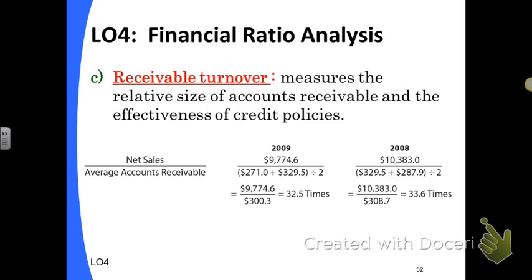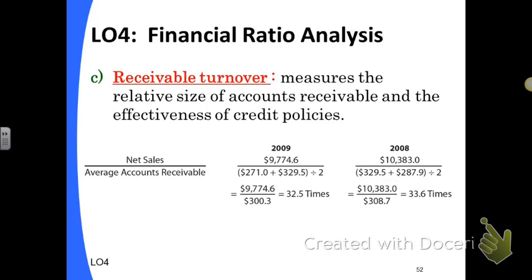And we can see here that our turnover is relatively high for this particular company. So we're turning over our accounts receivable 32.5 times compared to 33.6 times. Both numbers are relatively high. Again, we would expect that if a company has a lot of cash sales as opposed to a lot of sales on account.